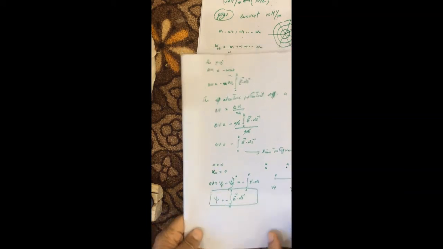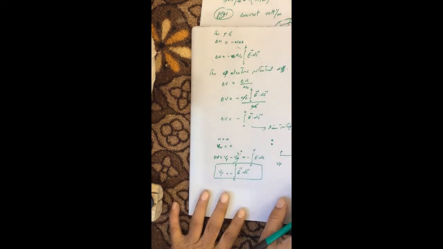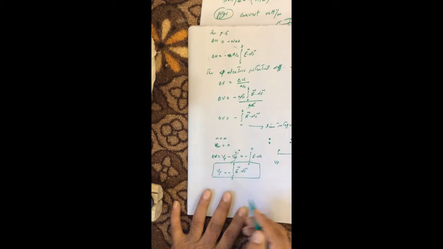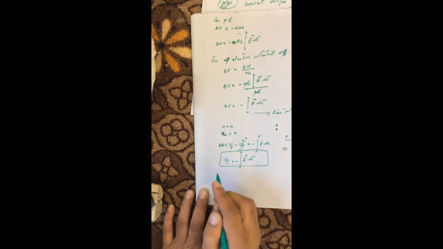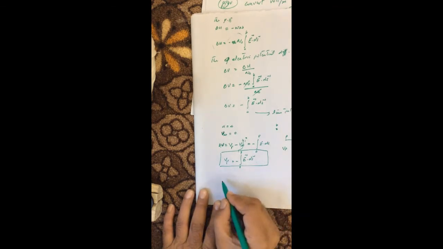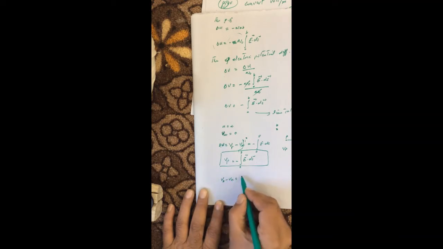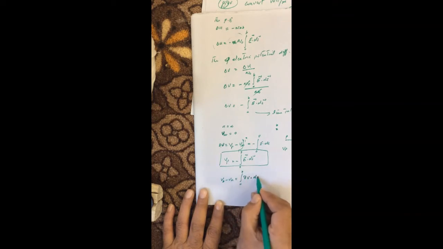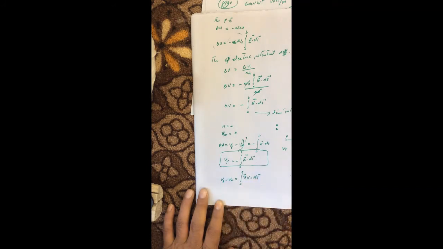Now we have a fundamental theorem of gradient. Let's say Vb minus Va is equal to integral from A to B of del V dot ds.